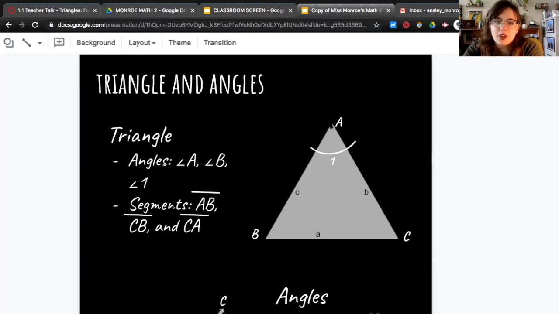So we could look across from this angle and say this is line A because it's across from angle A. Angle C is across from line C. Angle B gives us line B. Those are lowercase a, b, and c, not uppercase. Angles are typically noted with uppercase letters. So triangles, 3 sides, 3 angles, easy to point out there.